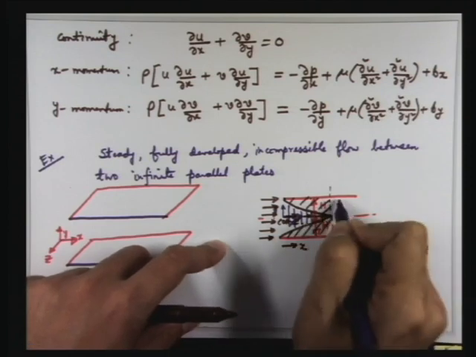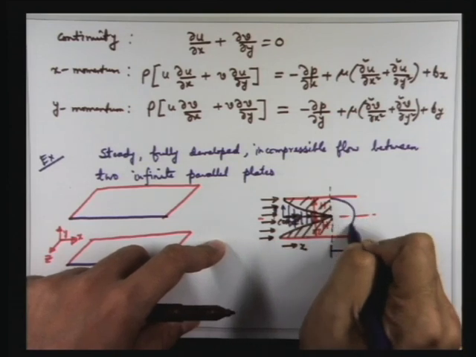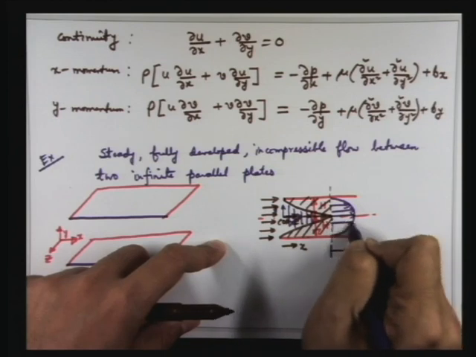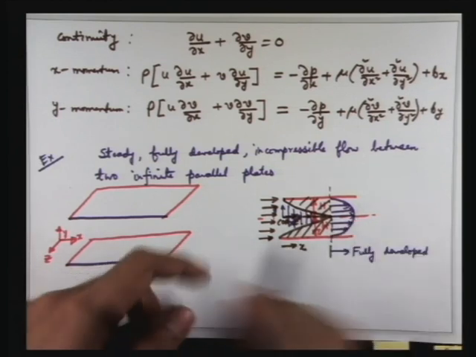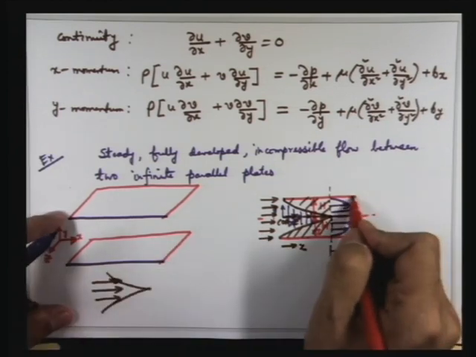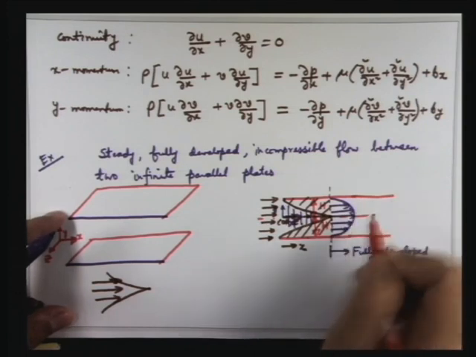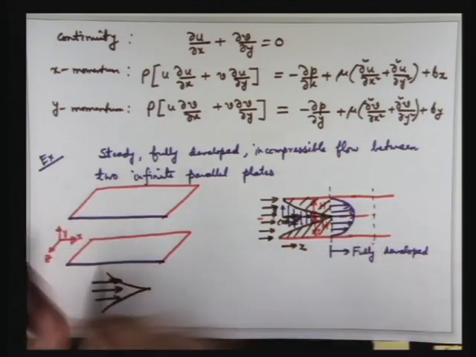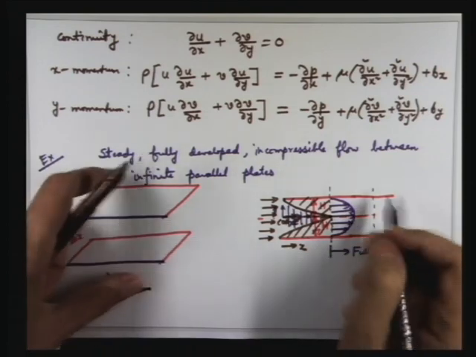So when you have a fully developed flow, you have a velocity profile, and this velocity profile will not vary with x. If you draw the velocity profile at another x, you will still get the same velocity profile.